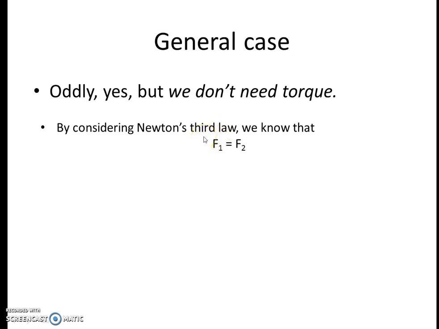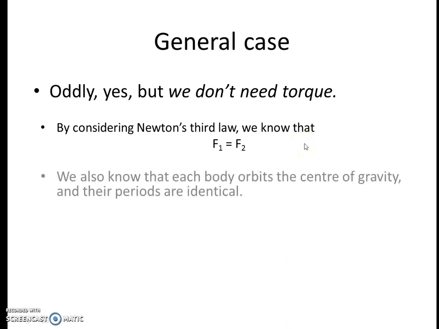Using Newton's third law, we know that the magnitudes of the forces are the same, that F1 is equal to F2. Because you're only dealing with magnitude, we're not going to bother with plus minus signs. We also know that each body orbits the center of gravity and their periods are identical.